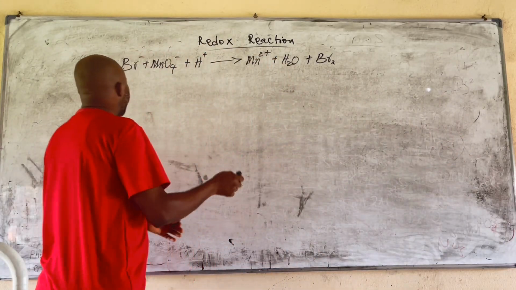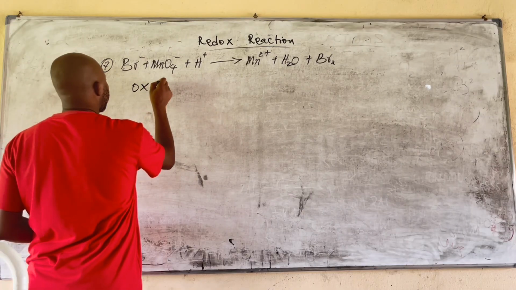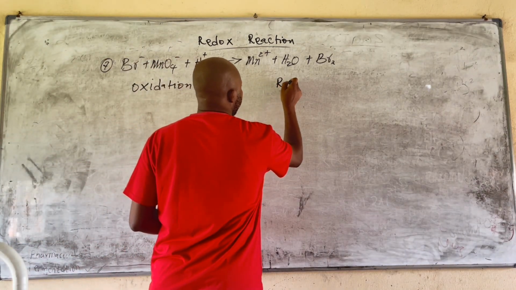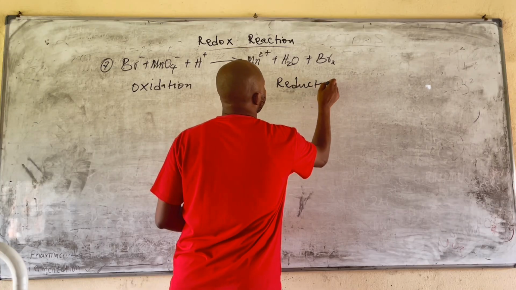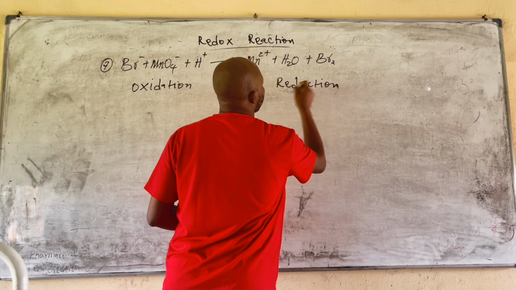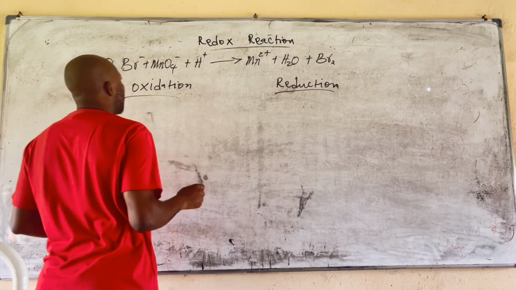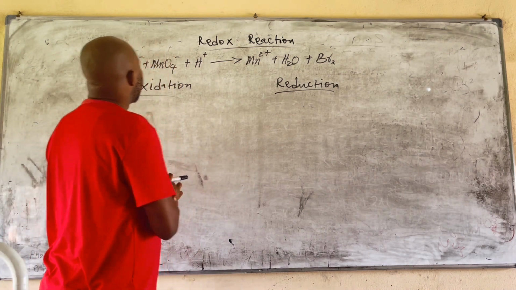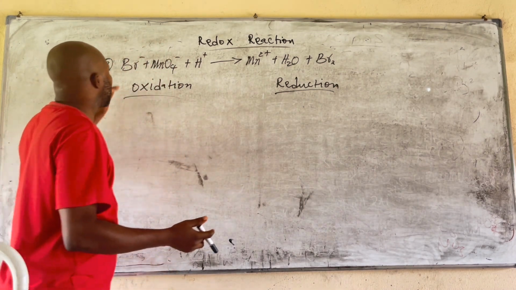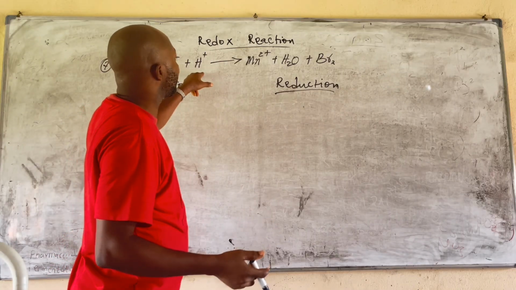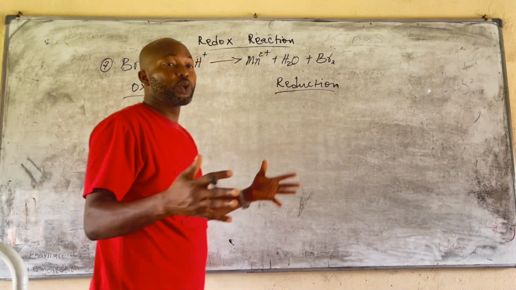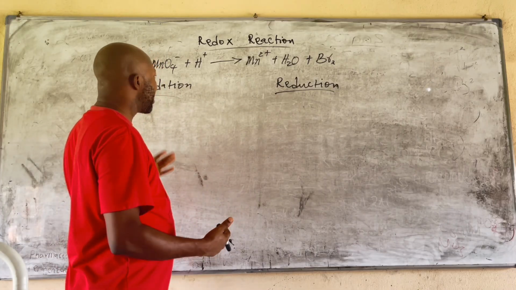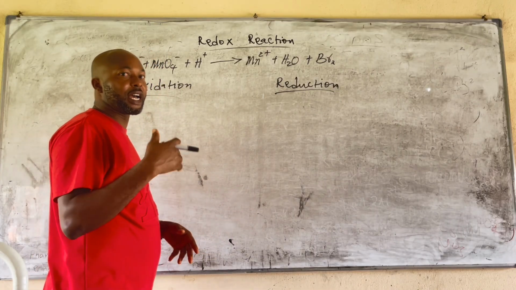So first of all, we bring out our oxidation and reduction. But also in the question, it looks tricky. The one we've been solving all the time, we have 2 variables. Now we have 3. But we just follow our basic principle of arrangement, arranging the oxidation and the reduction.